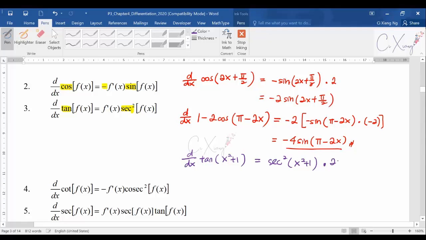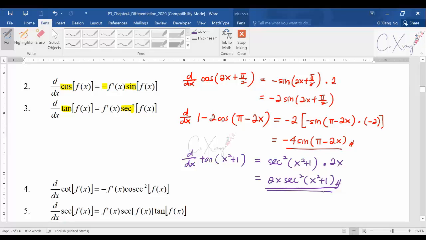Differentiate x squared, you get 2x, plus differentiate 1, you get 0. Therefore there's 2x here. So you multiply everything, it should be 2x, and then secant square of x squared plus 1. So this is how we do the differentiation for tangent. Alright? Is there any other question that I can try?